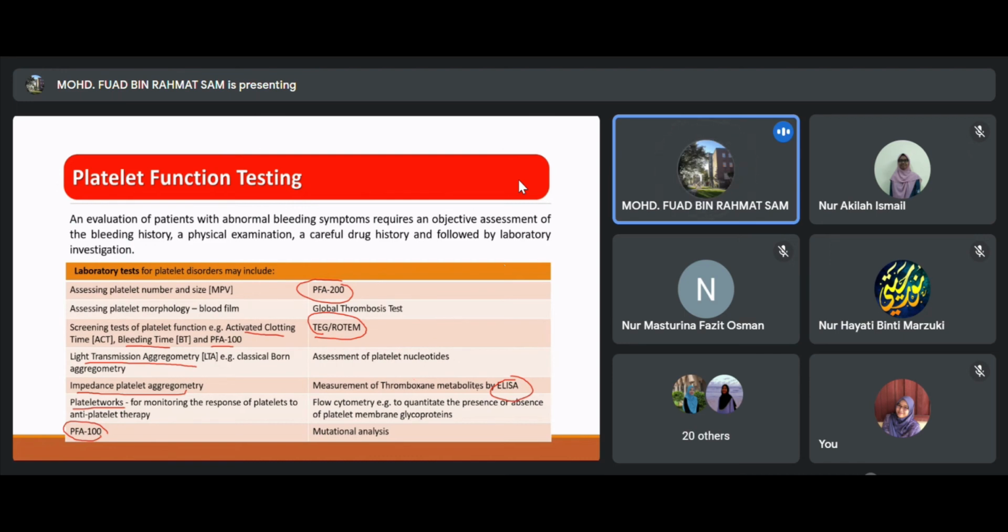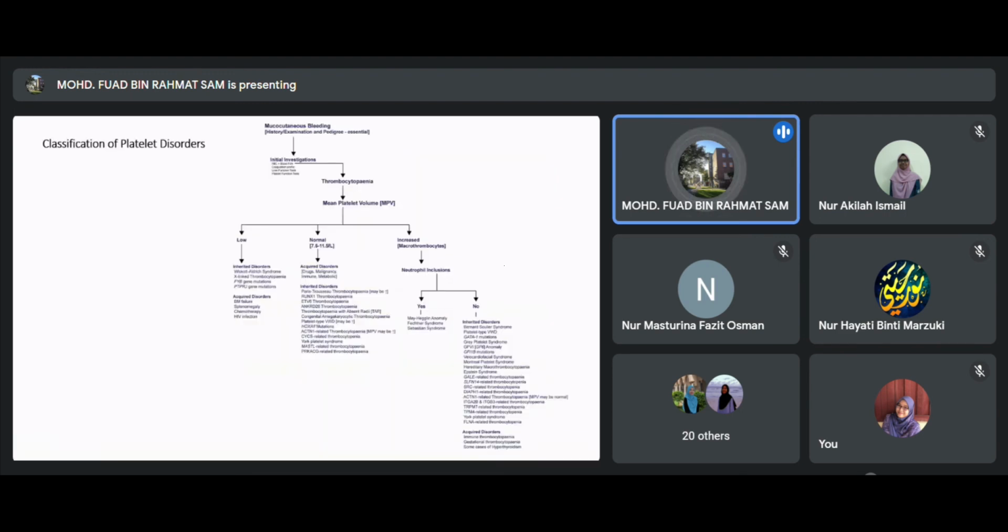Okay, flow cytometry, you guys learn about flow cytometry kan? Yes. Okay. Dalam flow cytometry kita boleh identify dari segi granular, dari segi size of cell tu sendiri. Okay. So this is classification of platelet disorder.